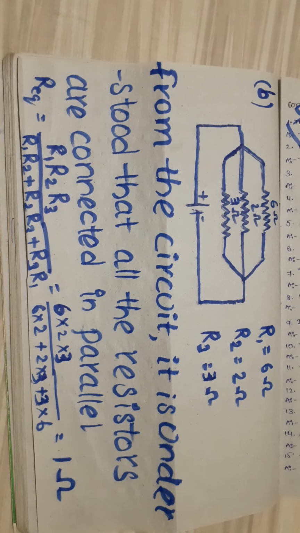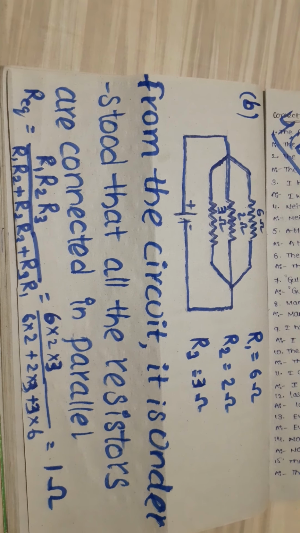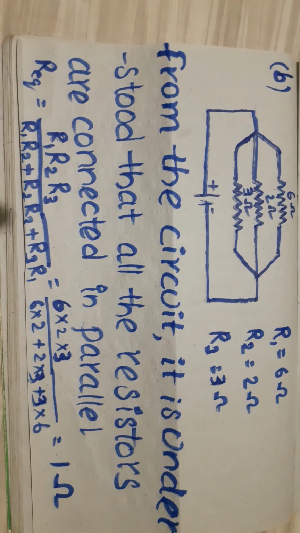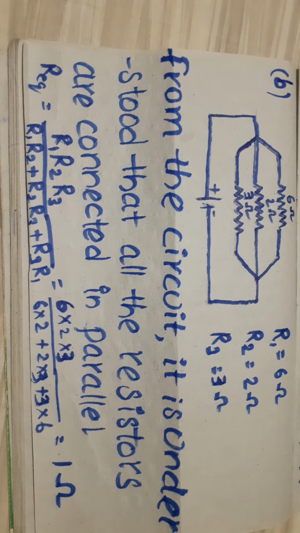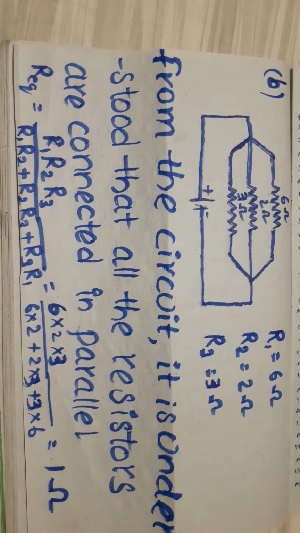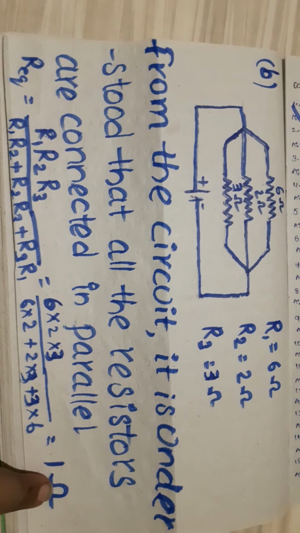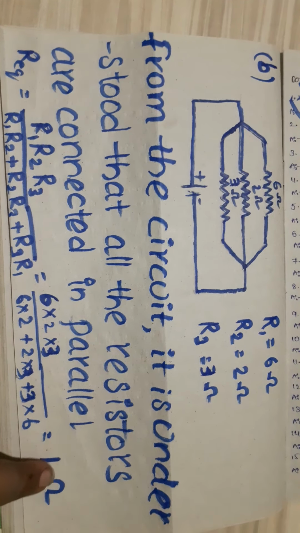Substitute the values: R1 6 ohms, R2 2 ohms, R3 3 ohms. So 6 into 2 into 3 by 6 into 2 plus 2 into 3 plus 3 into 6. Total equivalent resistance value is 1 ohm. So in this question we have to draw the circuit diagram compulsorily.